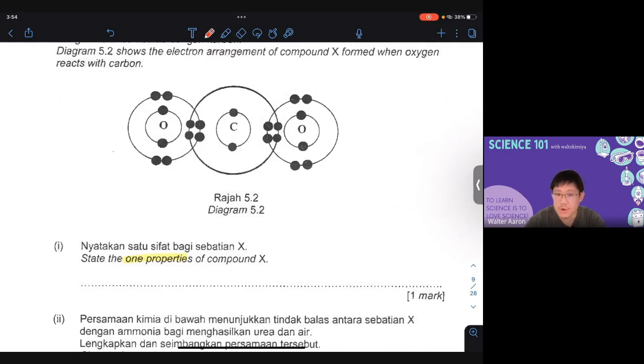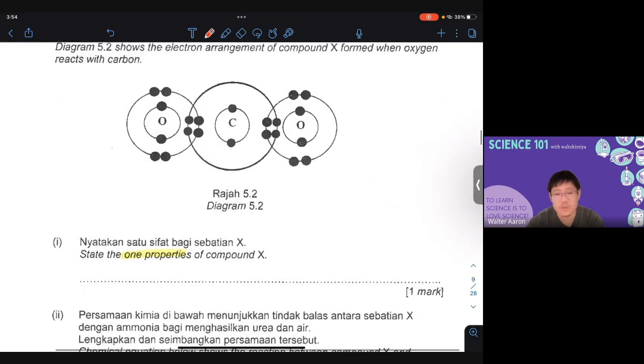But remember, if you were to write insoluble in water, carbon dioxide apparently is soluble in water. So if you want to write that, you have to be very careful. Okay, don't write that basically, because we all know that carbon dioxide is sparingly soluble in water. It is able to dissolve in water to produce carbonic acid. I would say you can just write carbon dioxide is a poor conductor of electricity, or it has low melting and boiling point.